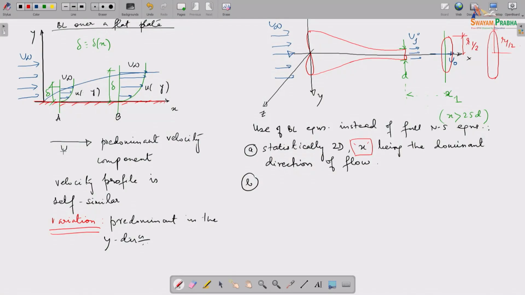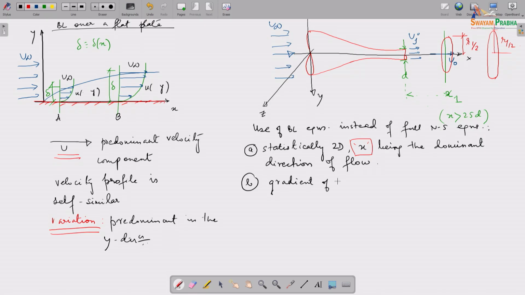You make this difference. So the dominant component of velocity is u, but the variation of this is in the y direction, in a direction perpendicular to it. I am talking about the round jet now.